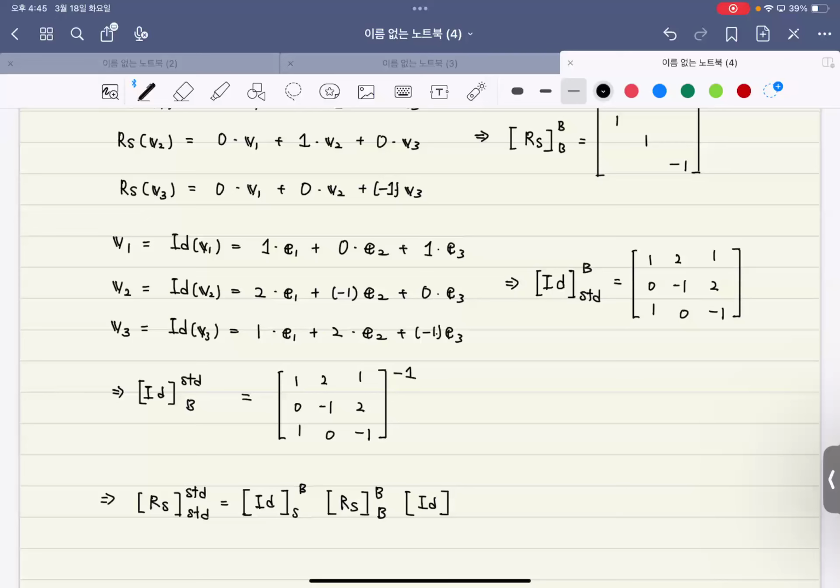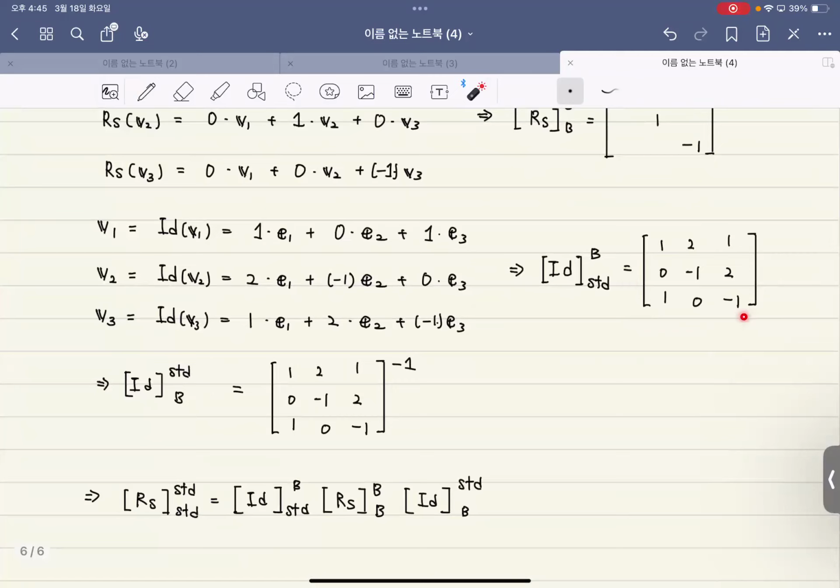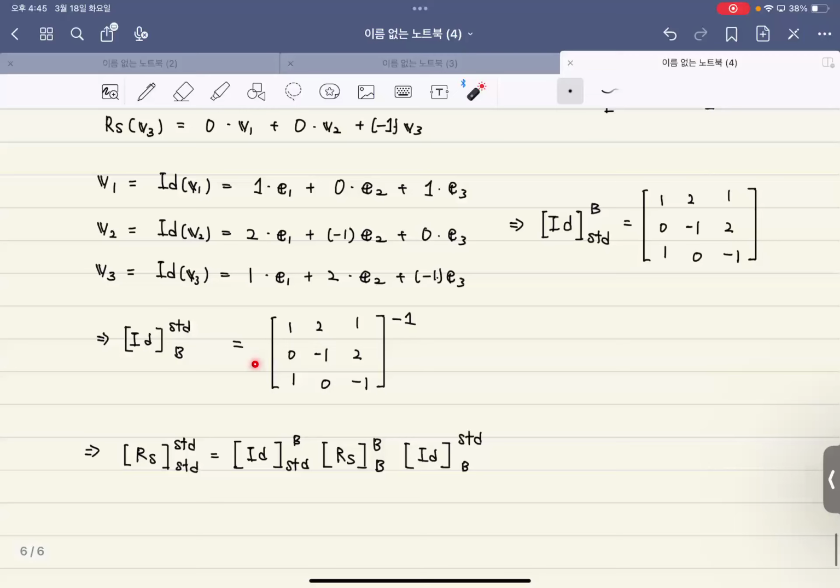My bad. The canceling out always happens along the diagonal from the upper left to the lower right. So this cancels out, this cancels out, and this is the answer. This one goes first, this one in the middle, and this one goes to the last place. You multiply these three matrices and then you get this answer.